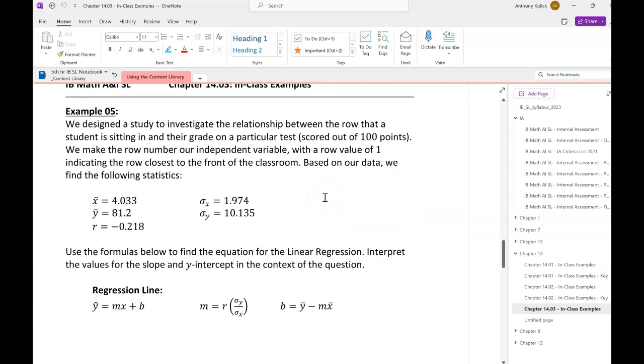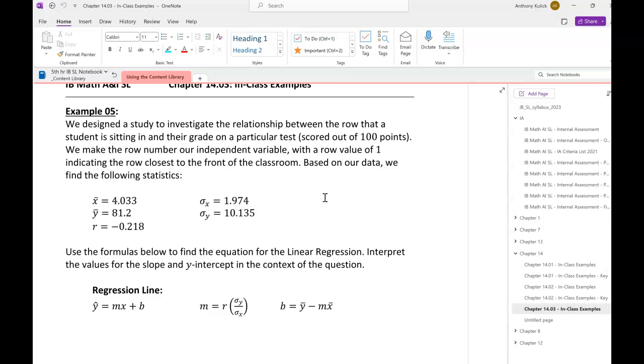Okay. Example 5, we designed a study to investigate the relationship between the row that a student is sitting in and their grade on a particular test. We make the row numbers our independent variable with a row value of 1 indicating the closest to the front of the classroom. Based on our data, we found the following statistics. Yada, yada, yada.